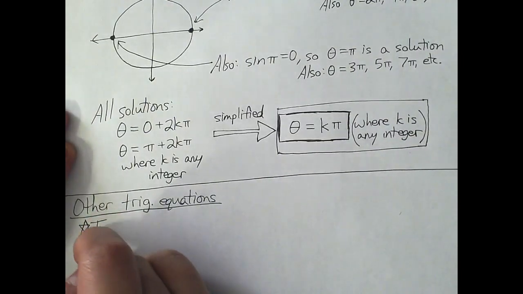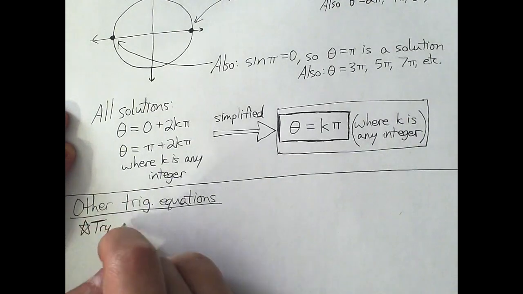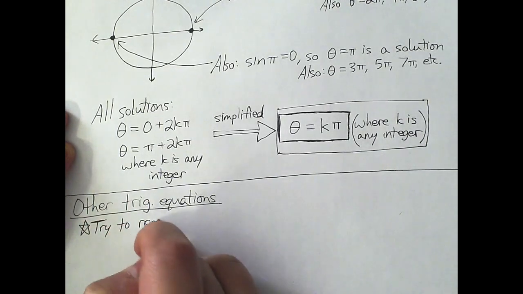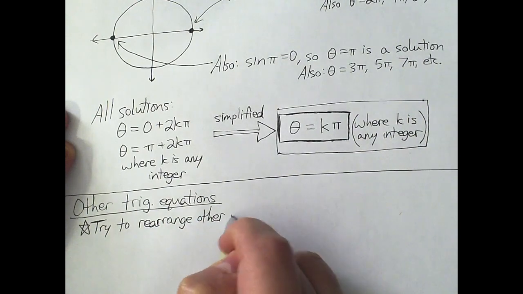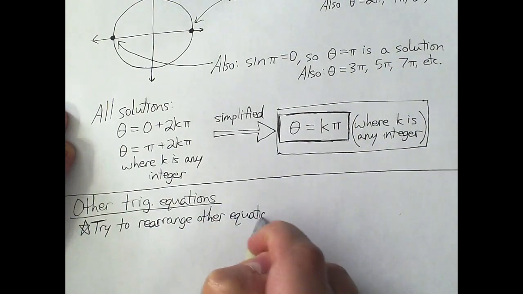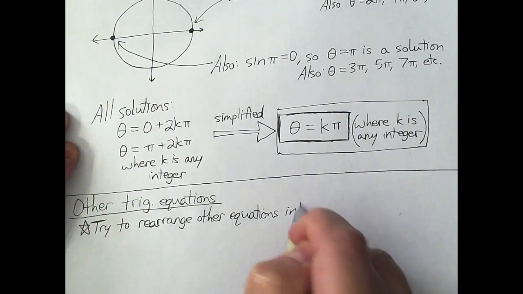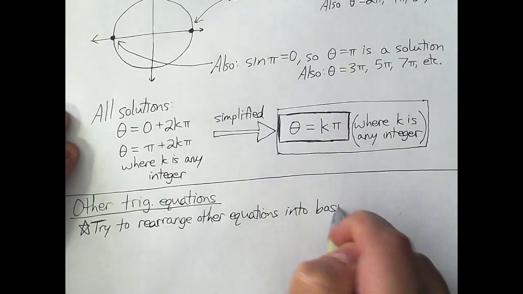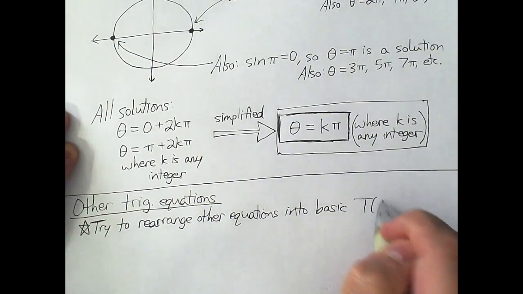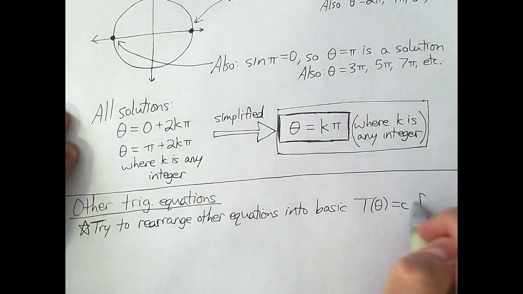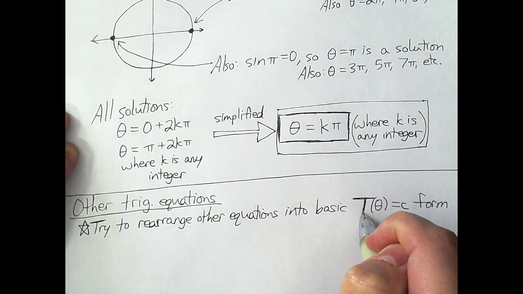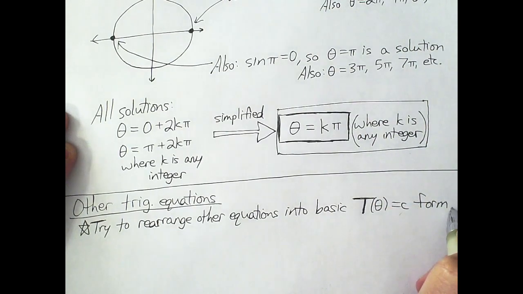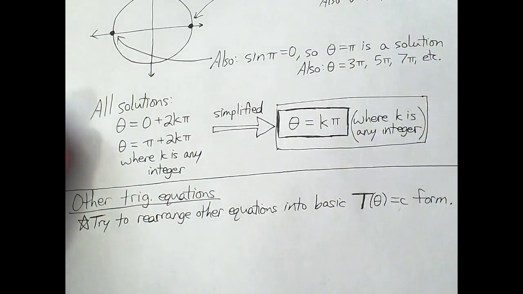But one thing that we could do is we could try to rearrange other equations into that basic form. Remember, capital T is just any trig function. In one problem, it was sine. In one problem, it was cosine. It could be any of the 6.